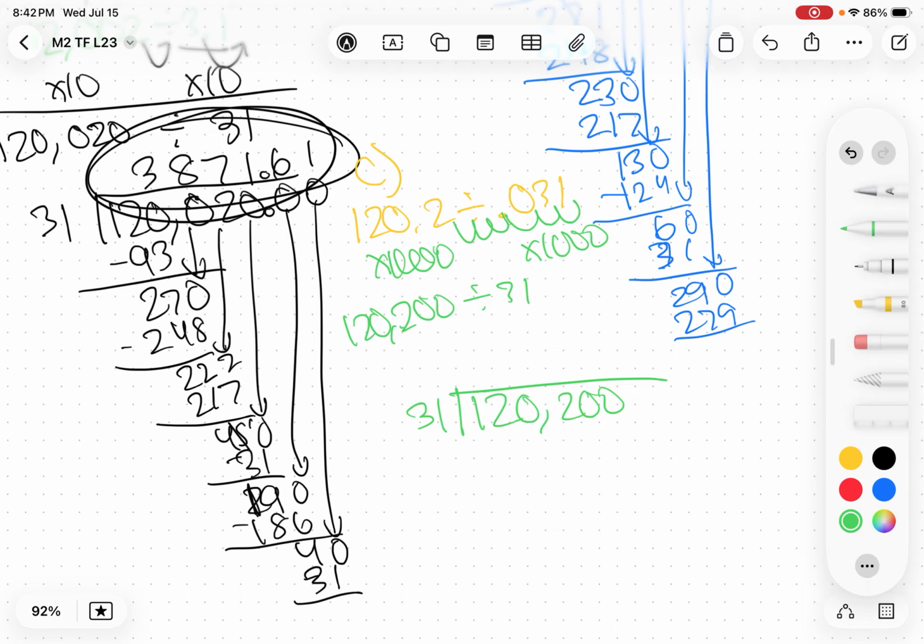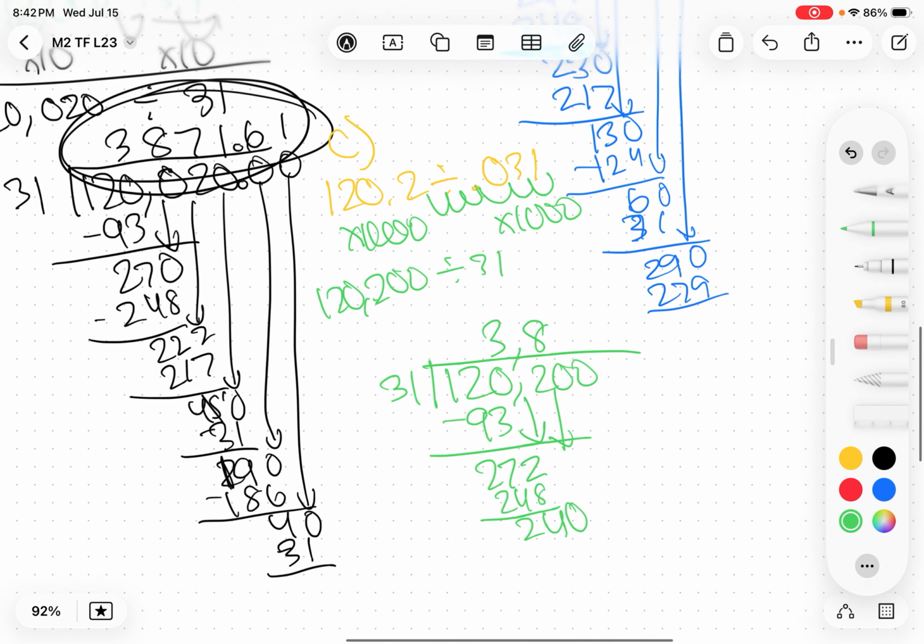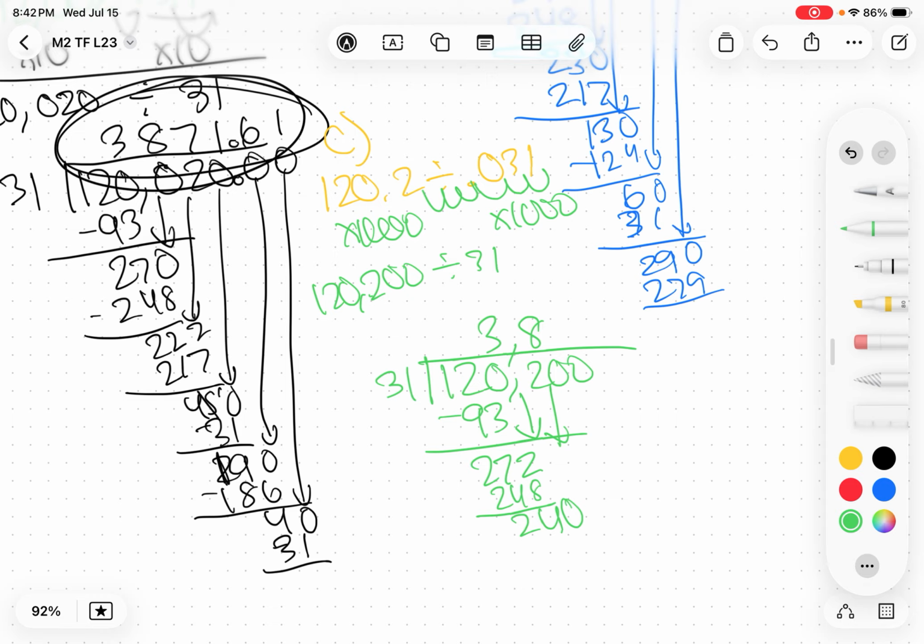31 will go into 123 times. 31 times 3 is 93. Subtract, I have 27, bringing down that 2. 31 would go into 272 8 times, and that'll be 248. Subtract, and I'll have 24 and bring down the 0. 31 will go into 240. It's got to be 7 times, and that'll be 217.